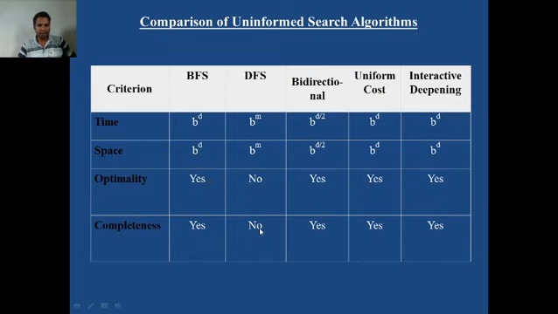Complete, no, depth first search is not complete, because we have prepared one video on depth first search where we discussed that if the path chosen in depth first search is very long and contains a number of nodes, then the search may get trapped in an infinite loop. That's why it is not complete. So this is regarding the comparison of all the uninformed search algorithms. Thank you.